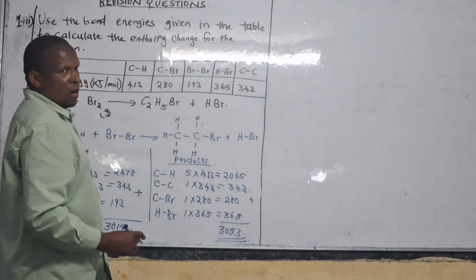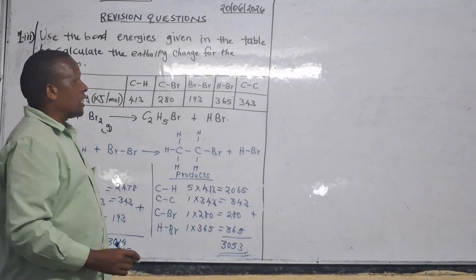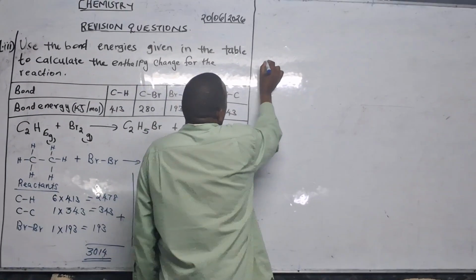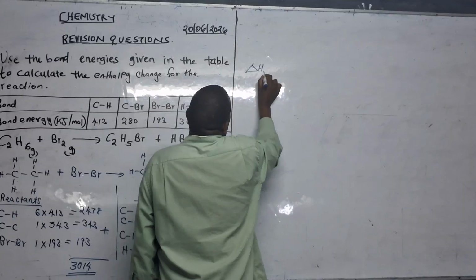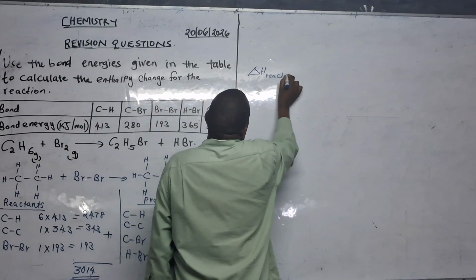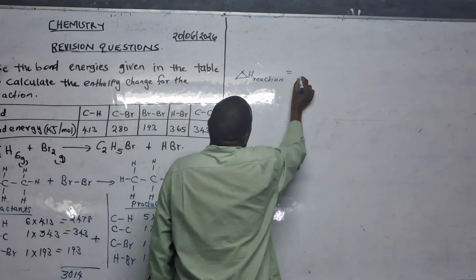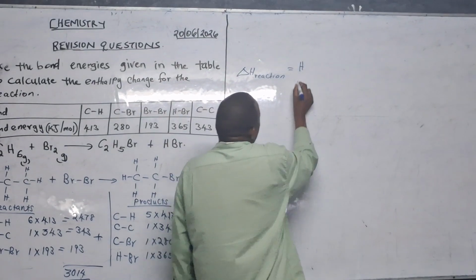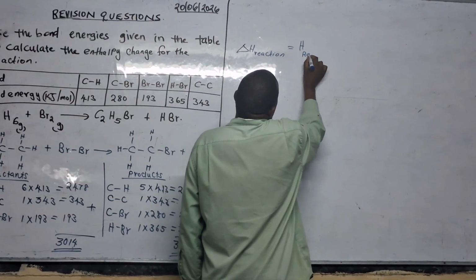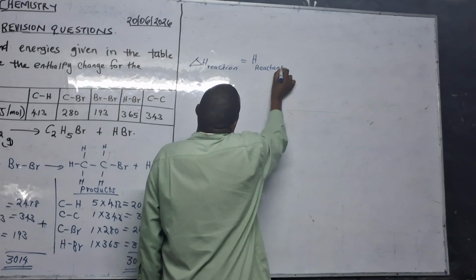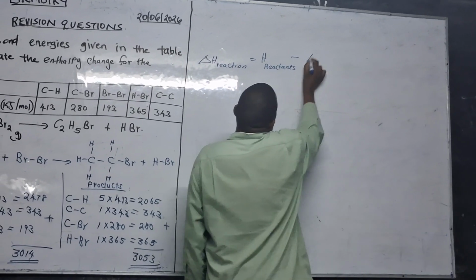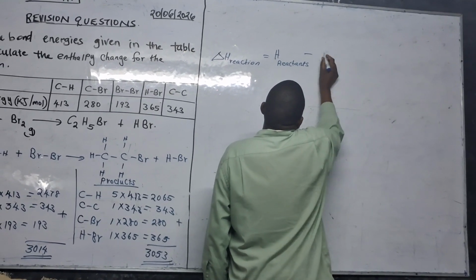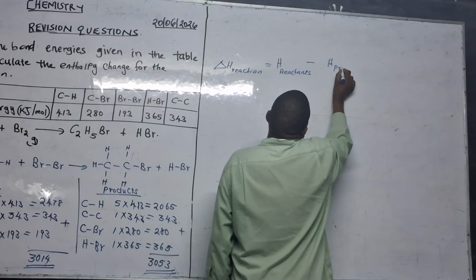Good. Now, how do we get the enthalpy for the reaction? So you'll come here and say delta H for the reaction is equal to enthalpy of reactants less enthalpy of the products.